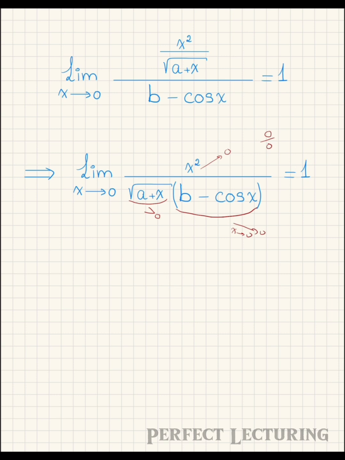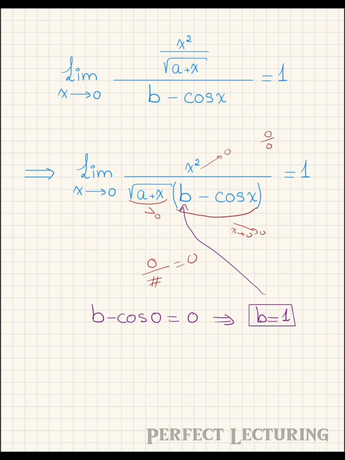Because if this factor does not approach 0, we will end up with a 0 over a number that's different from 0, and of course it is 0. Thus, we must have b minus cosine of 0 is equal to 0, and b is equal to cosine of 0, which is 1. And now we can replace b by 1.